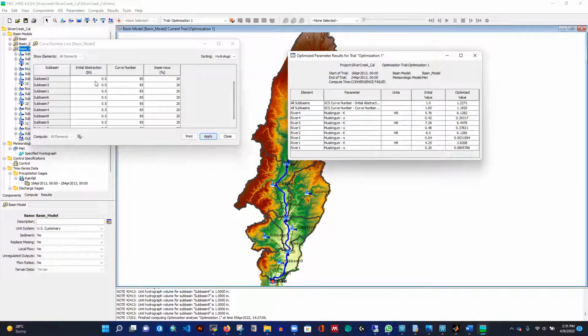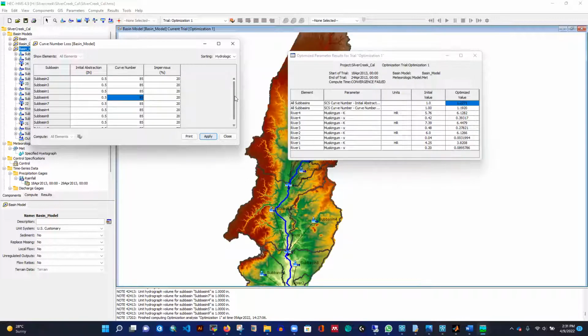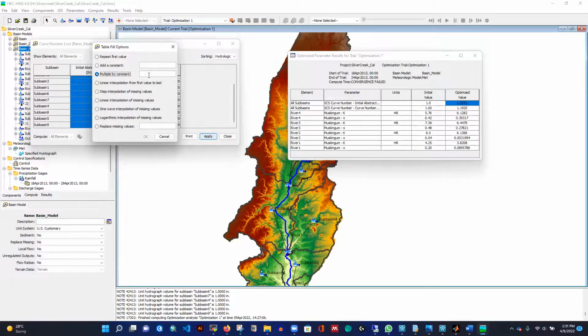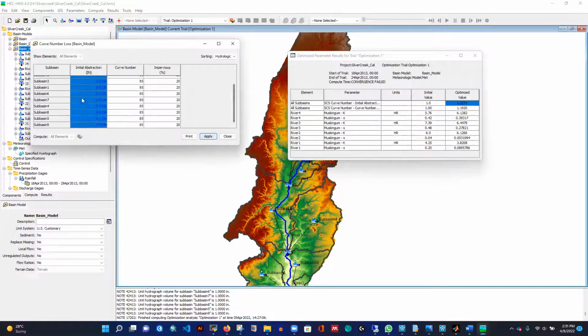For the first one, initial obstruction, we have to multiply these values by 1.2271. So select that, and click on fill, multiply by constant, 1.2271. So it will be multiplied by this value to all of this.